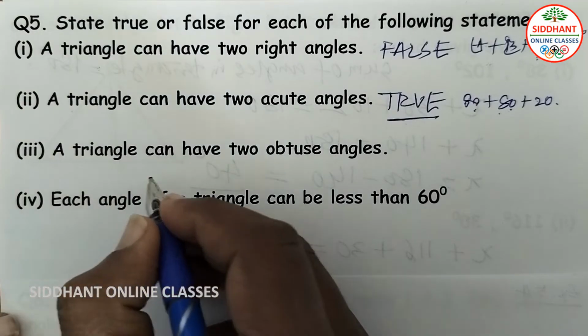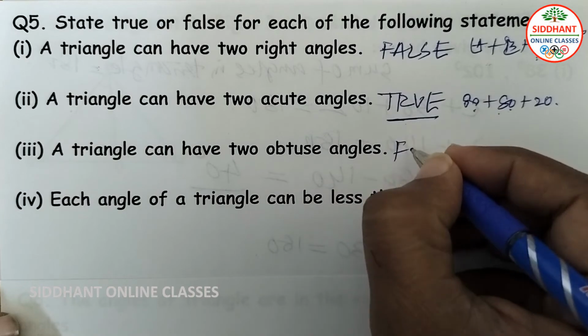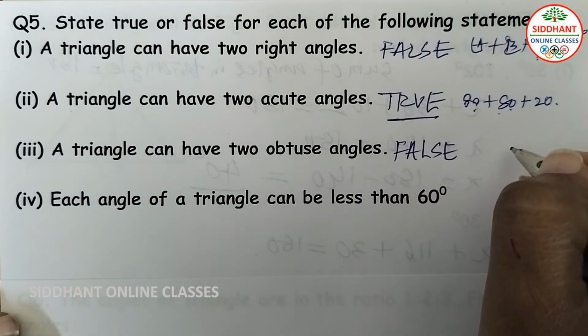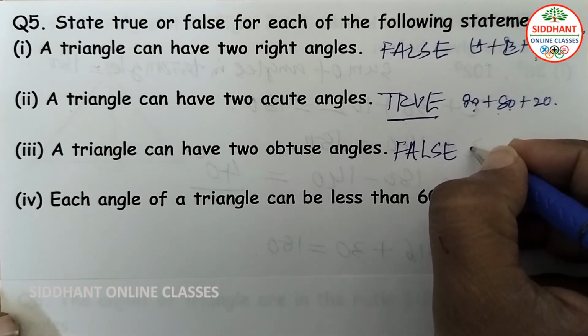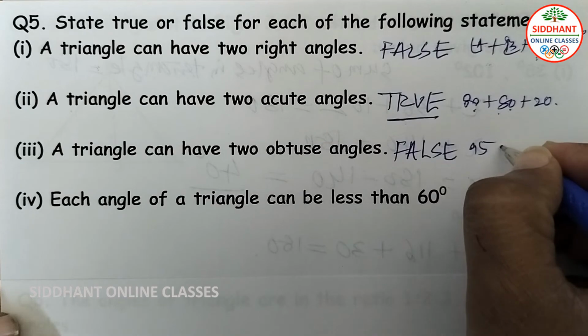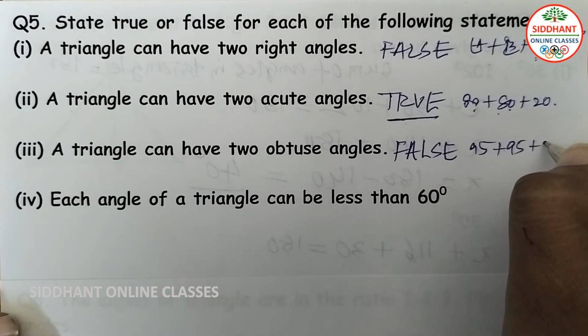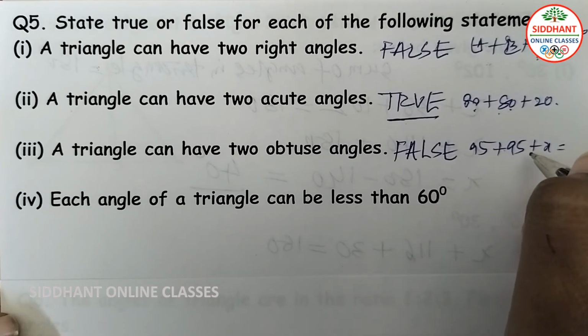Third one, a triangle can have two obtuse angles. The statement is false. Why? The sum of angles is equal to 180 degrees. If one angle is above 90 degrees, suppose it is 95, and the other angle is also 95, then the third angle, suppose x. 95 plus 95 becomes 190.